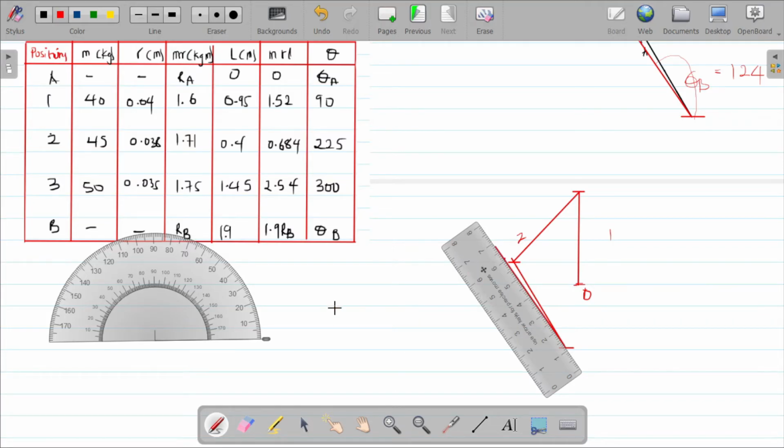And then the magnitude was, I think, 2 centimeters. So 0.763, that is 2.